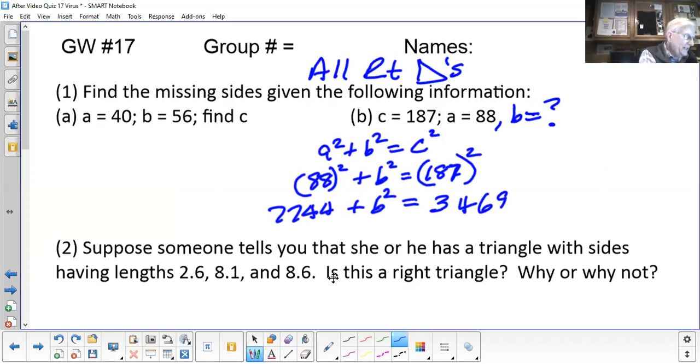Let me erase that, sorry. So it'll be 34,969. Okay, to isolate b squared, I'm going to have to subtract 7744 from each side of this equation.